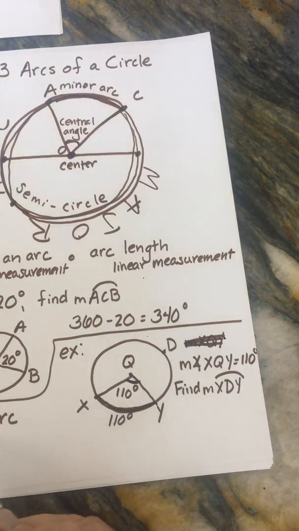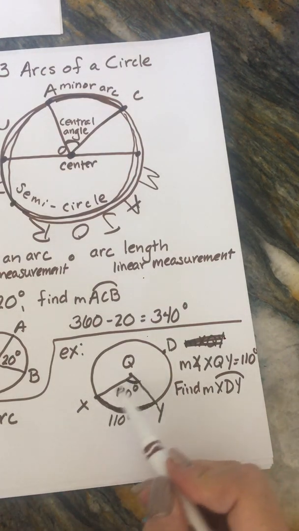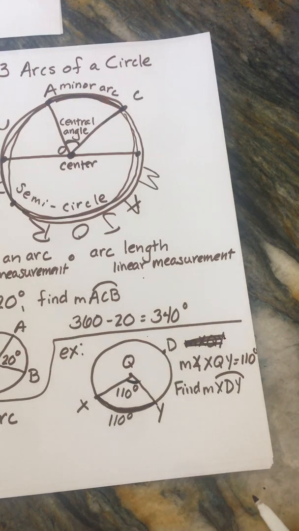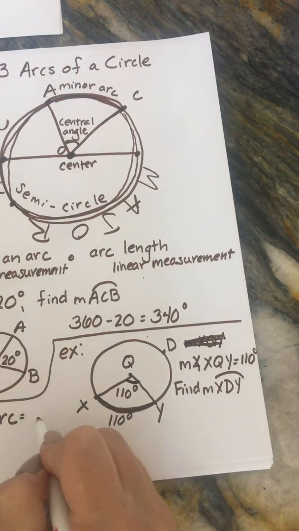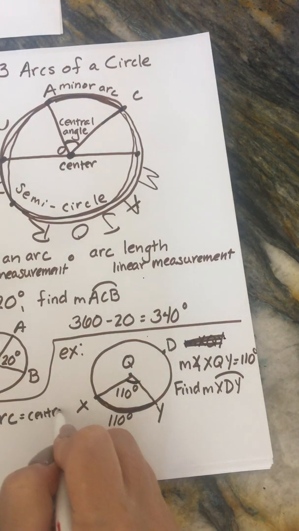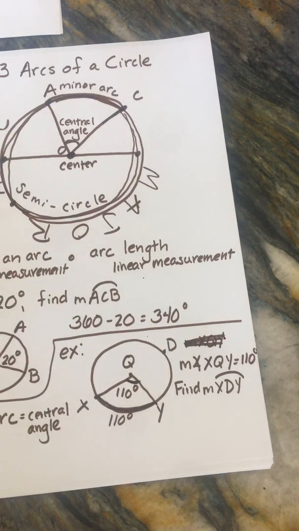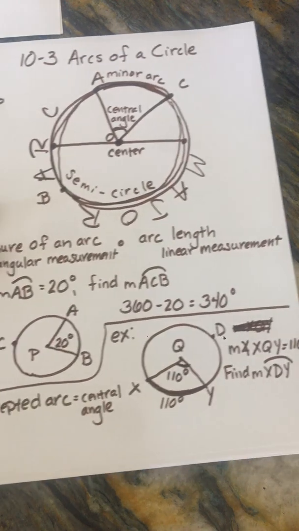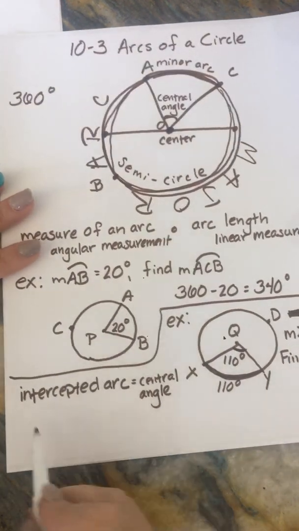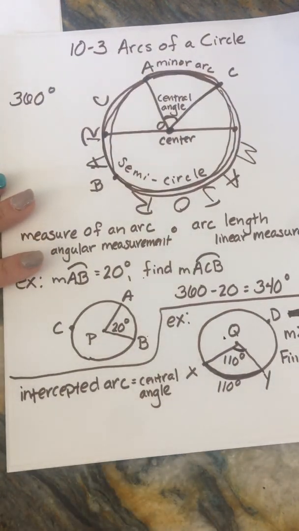And it's intercepted, meaning it's being created by an angle cutting it out. So the intercepted arc equals the central angle. They're the same measurement. There we go, intercepted arc. And that's equal to the central angle.